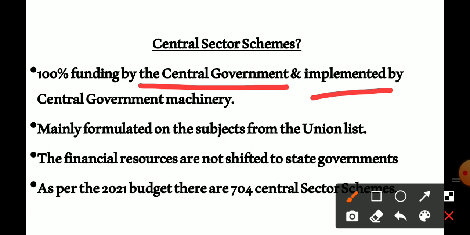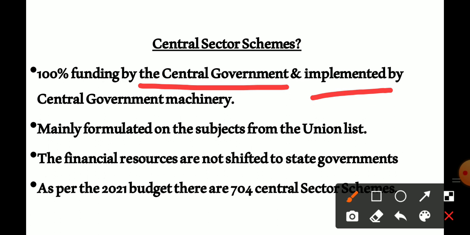It means that in such types of schemes, the financial burden does not shift to the state government. All the expenses related to the scheme will be borne by the central government, and the implementation of the scheme is also done by the central government.